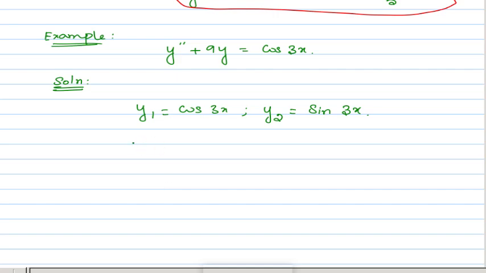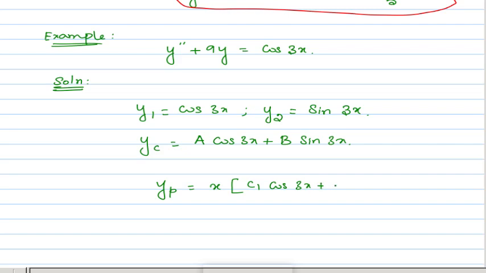Then your yc is a times cos 3x plus b times sin 3x. For the particular integral yp, in the previous case I took c1 times cos 3x plus c2 times sin 3x, but here cos 3x is part of your fundamental solution, so your yp must be x times c1 times cos 3x plus c2 times sin 3x.